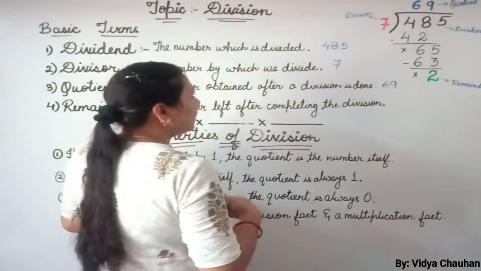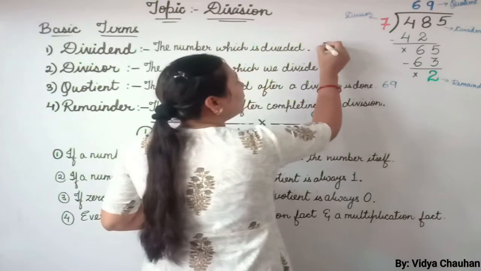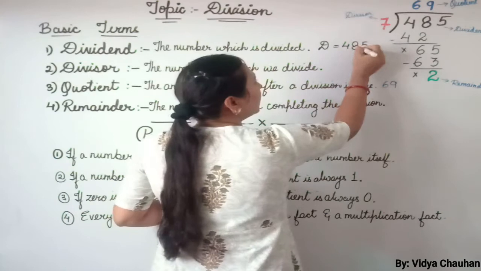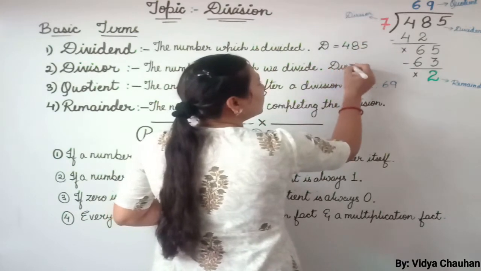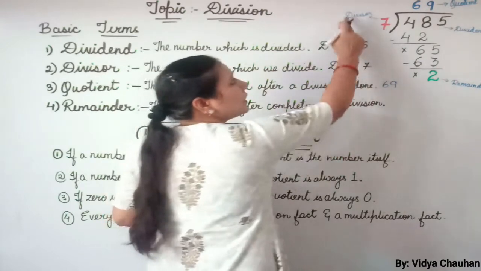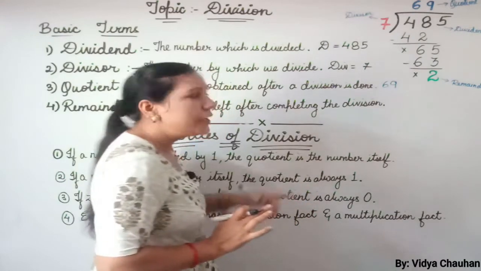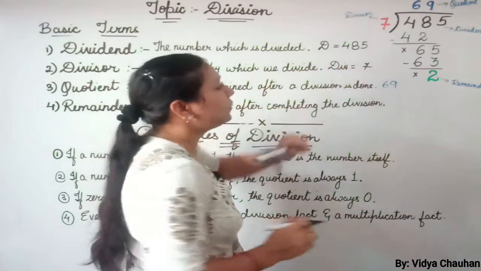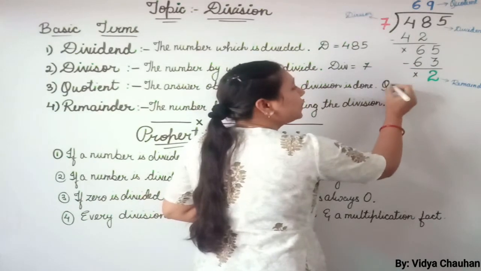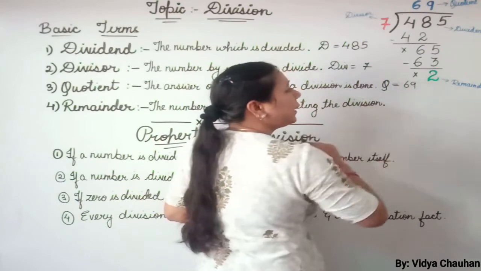In the same manner, for simplicity, we write like this. For dividend, we write D equals 485. Divisor is equal to 7. We use Div for divisor because both dividend and divisor start with the letter D. The short form we use for quotient is capital Q. What is our quotient here? 69.